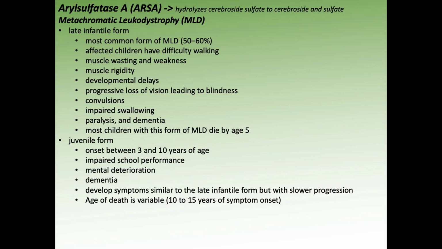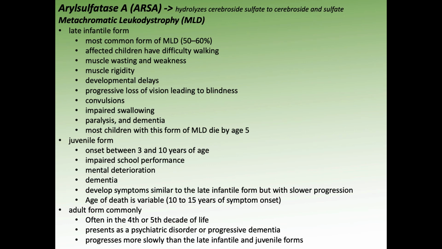There is also a juvenile form which has a somewhat later onset, related to things like impaired school performance, mental deterioration, and dementia. In this case, it's a slower progressing version of this disorder, but the age of death is just a little bit later, 10 to 15 years from symptom onset.